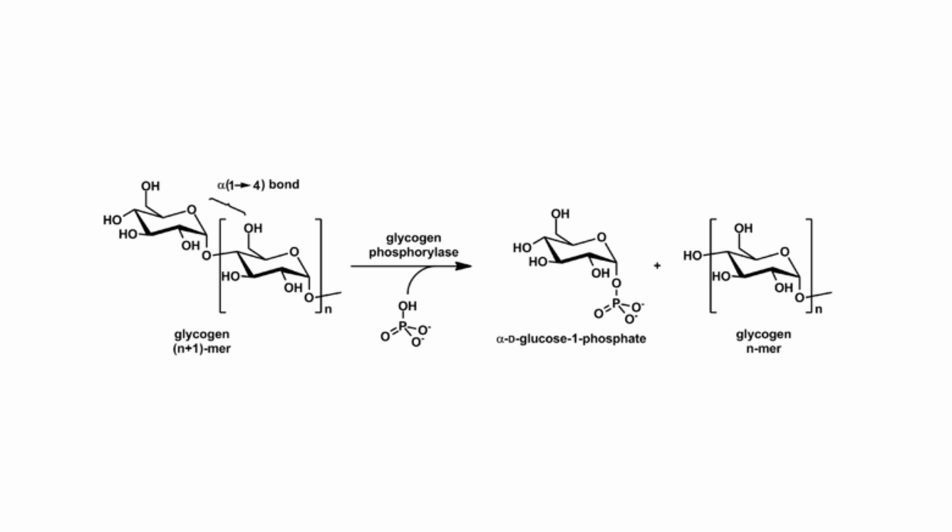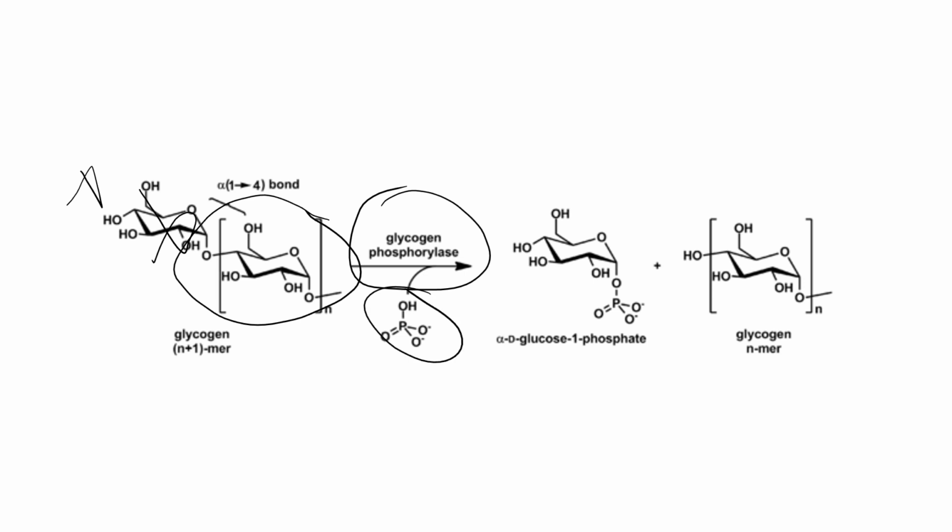So there is this enzyme that I've discussed with you a little bit in the past, not much, but glycogen phosphorylase. What glycogen phosphorylase does is it breaks individual glucose monosaccharides off of the glycogen chain. Specifically, it strips one molecule of glucose off of glycogen, adds a phosphate to it and turns it into glucose 1-phosphate.